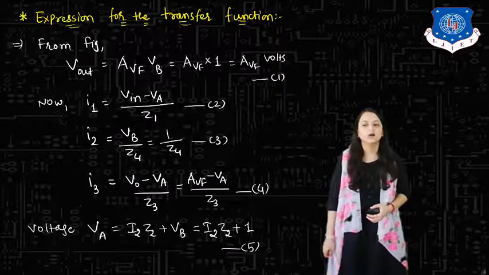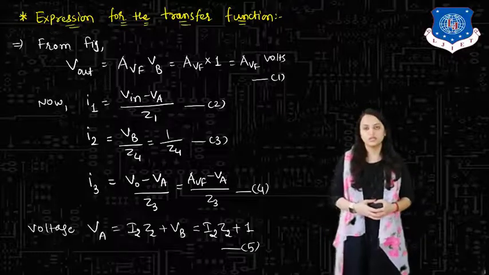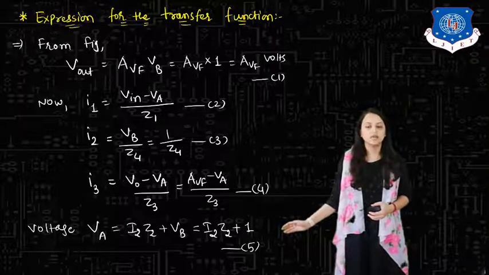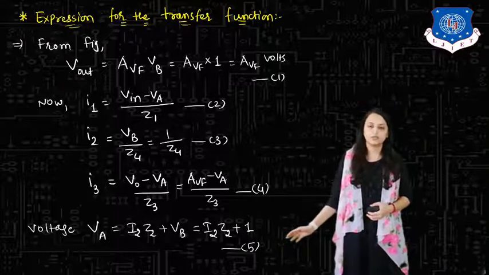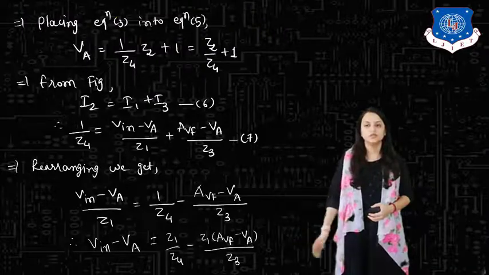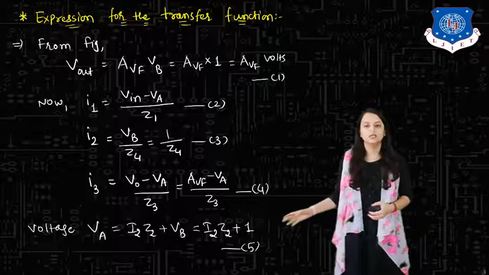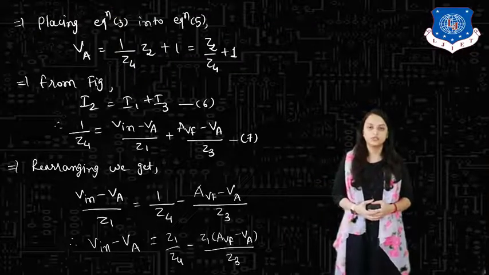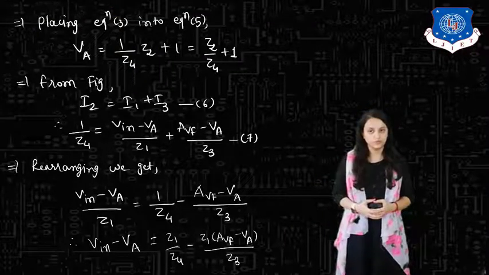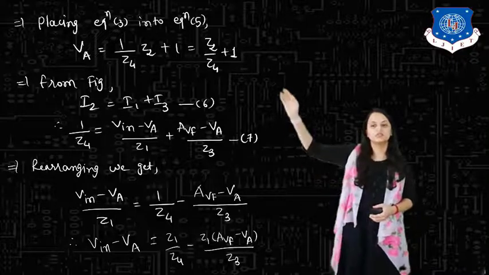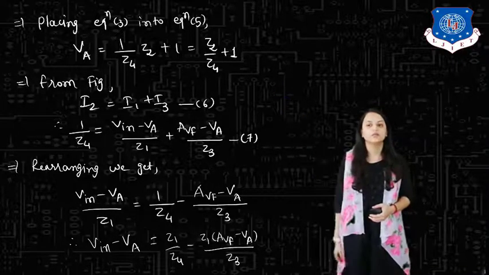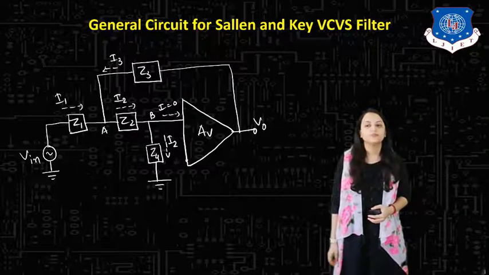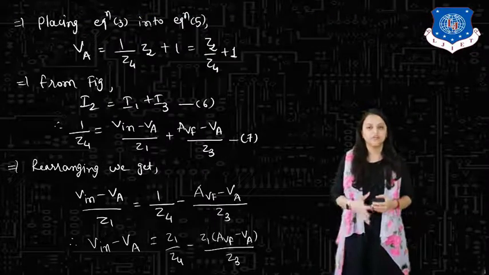Now the voltage at terminal A, VA, is given as I2Z2 plus VB, that is I2Z2 plus 1. Let us give this equation number 5. Now placing equations 3 and 5, we obtain VA equals 1 by Z4 into Z2 plus 1, that is Z2 by Z4 plus 1. Now from the figure we can say that I2 equals I1 plus I3.